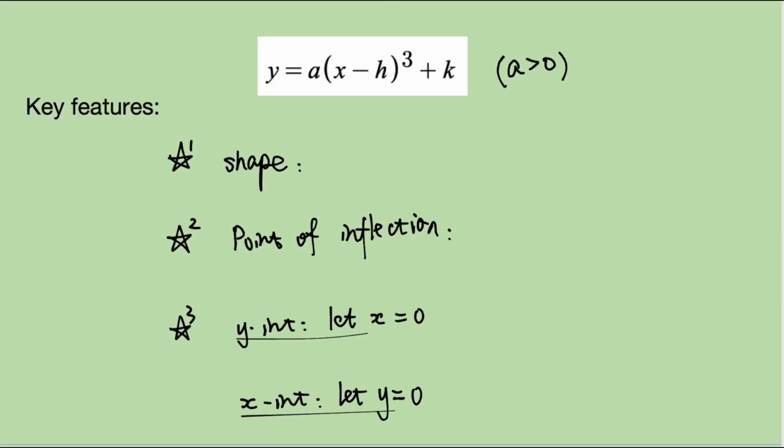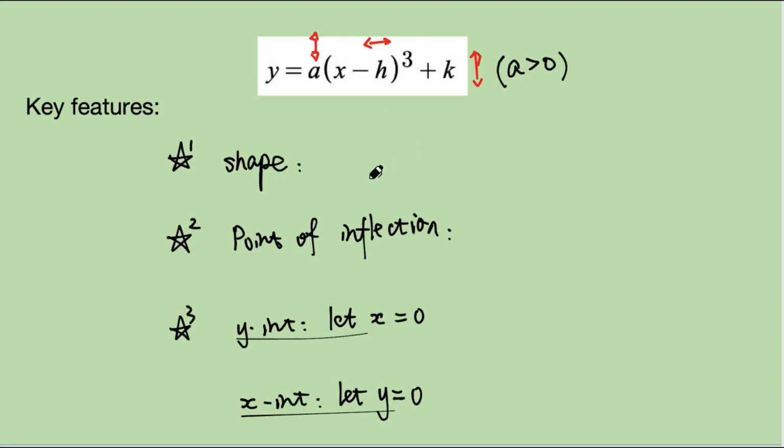Now let's conclude. The value of a tells us the dilation from the x-axis. Then the value of h tells us we move the graph to the right or left. And k shows moving up or moving down. And then we are going to conclude the key features of the transformational form.